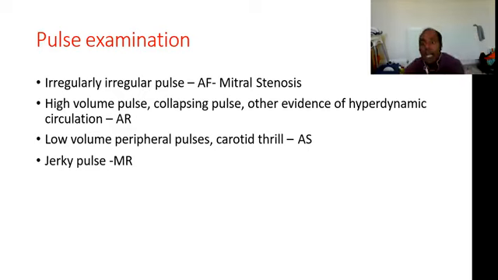So that's a collapsing pulse. So if you find a bounding, collapsing peripheral pulse in a very hyperdynamic circulation, the patient almost always has aortic regurgitation.